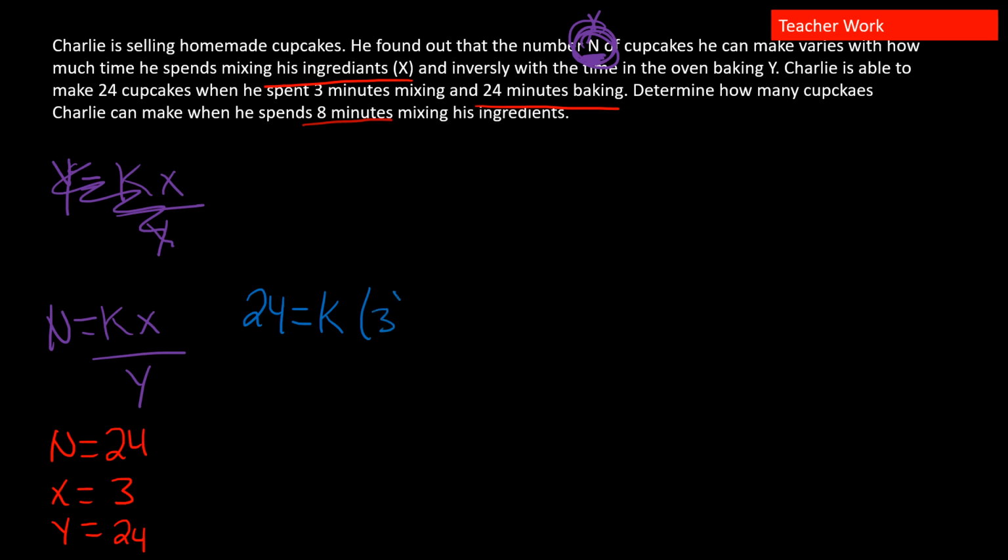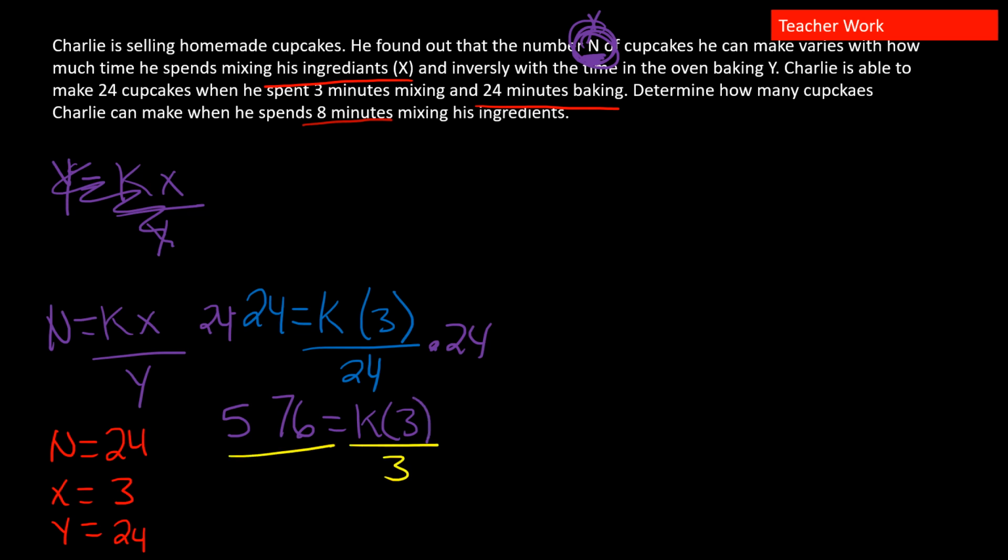X is 3 over 24. Okay. And so what we want to do here is we want to isolate k. So we're going to multiply both sides by 24. So we'll have 24 times 24. That's 576 equals k times 3. We would then divide both sides by 3.